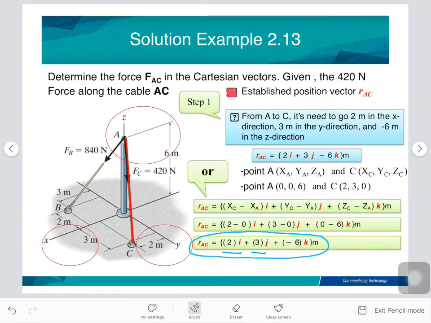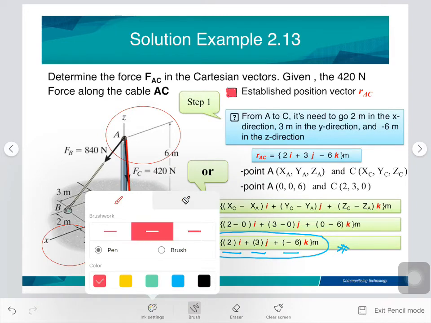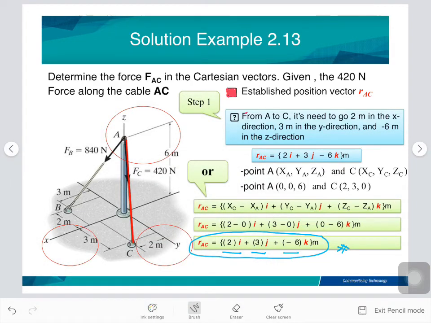And then 0 minus 6 in K, we have negative 6K. So this is the position vector RAC. It means that from A to C, it needs to go 2 meter in the X direction and 3 meter in Y direction and negative 6 meter in Z direction.